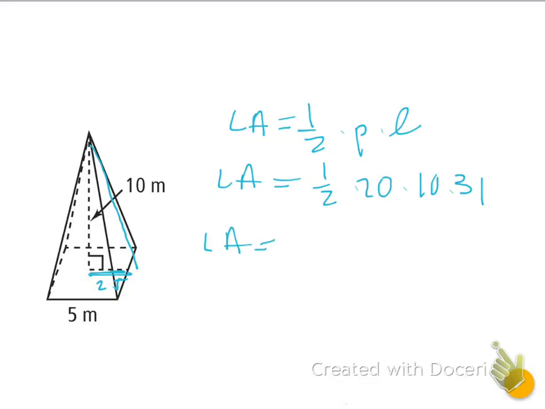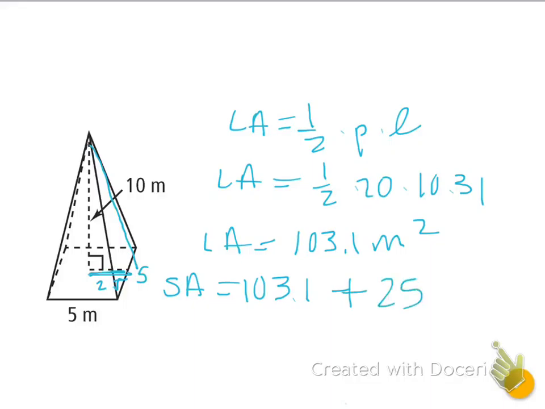So then when I multiply it all together, I got 0.5 times 20 times 10.31. So 103.1 meters squared. So now my surface area, I add that, so 103.1 plus the area of the base. So 5 times 5, because we do base times height, so 5 times 5 is going to be 25. So my surface area is then going to be 128.1 meters squared.